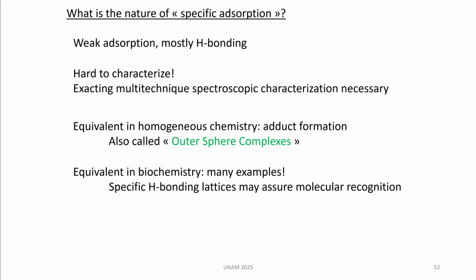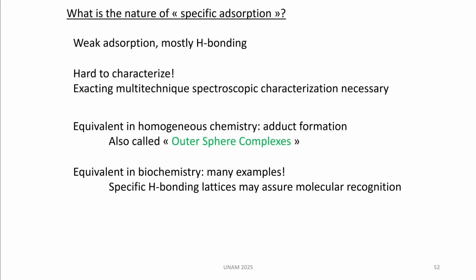And that would be very interesting if we know that surfaces can make specific H bonds with organic molecules, for example. There would be many connections with biochemistry. You know, of course, the role that H bonding plays in the recognition of the base pairs in DNA.